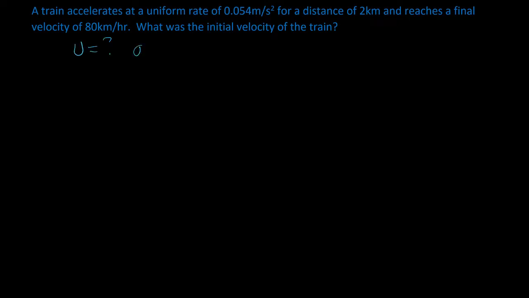We know that the acceleration is 0.054 meters per second squared, the distance, the s, is 2 kilometers, and the final velocity v equals 80 kilometers per hour. So we've got u, a, s and v. So let's go and find our equation.